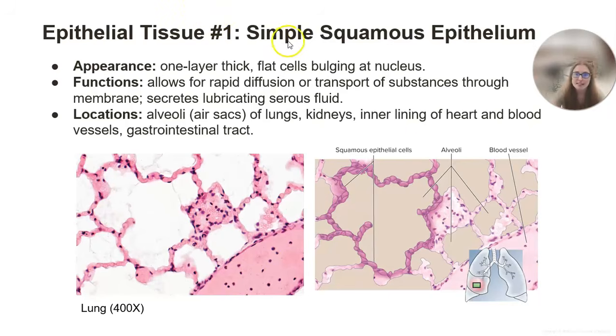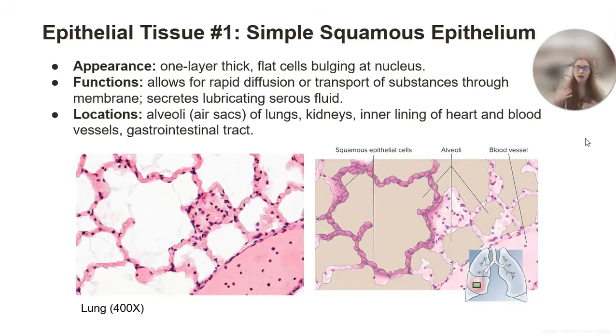So our simple squamous, simple one layer thick, squamous flat cells, they're going to bulge up at the nucleus. Again, think of a fried egg where you have the white, which is very flat, and then the yolk is a little bit taller there in that fried egg. Same idea here for the squamous cells. We're going to have a very flat area and then just a bit of a bulge there where the nucleus is.